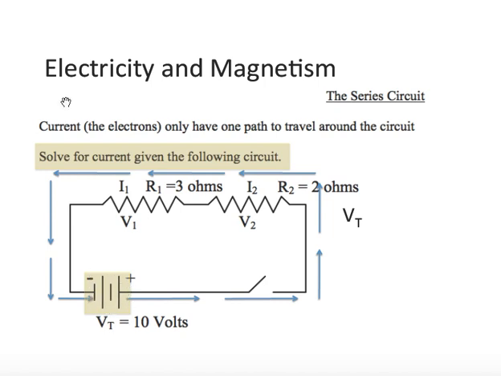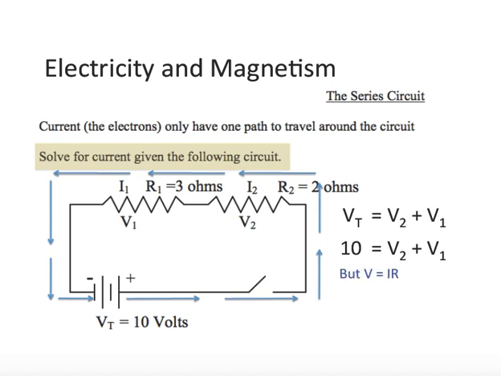The first load as we go along this path is V2. The second load is V1. All the potential difference increases have to equal all the potential difference decreases. VT equals V2 plus V1. Or 10, which is our VT, equals V2 plus V1.